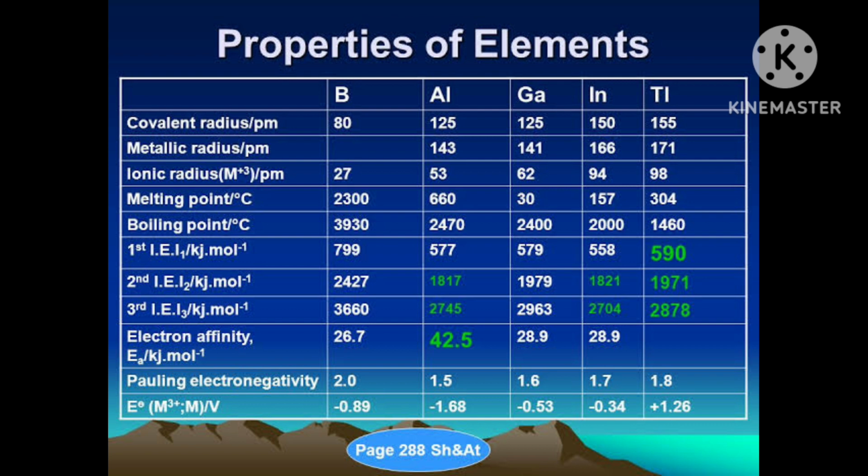A close look at the electronic configuration suggests that while boron and aluminum have noble gas core, gallium and indium have noble gas plus 10 d electrons, and thallium has noble gas plus 14 f electrons plus 10 d electrons core.